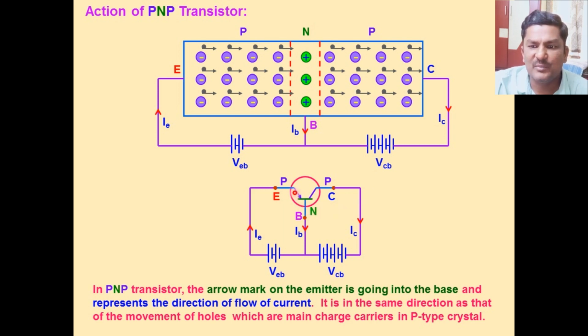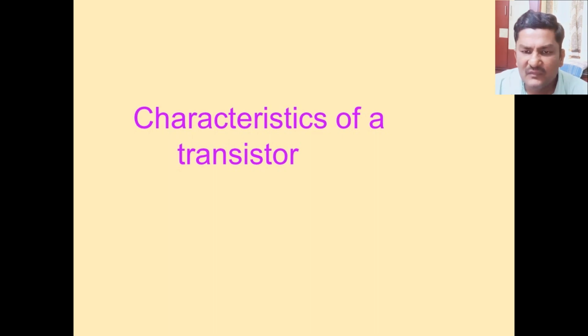In a PNP transistor, the direction of conventional current is from emitter to base, and the majority charge carriers are holes. This is the working of NPN and PNP transistors, and in a transistor there are two PN junctions.